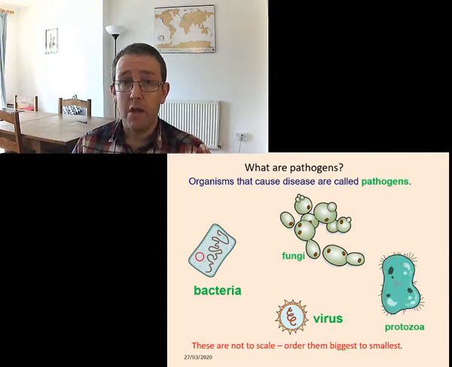Most microorganisms work really well with us. As you will have learnt in Key Stage 3, they're used for all sorts of things, from brewing to baking to producing various products, to producing baby food and washing powder, and all these things are incredibly useful. But we're only focusing on the ones that cause us problems because this is a topic on the pathogens.